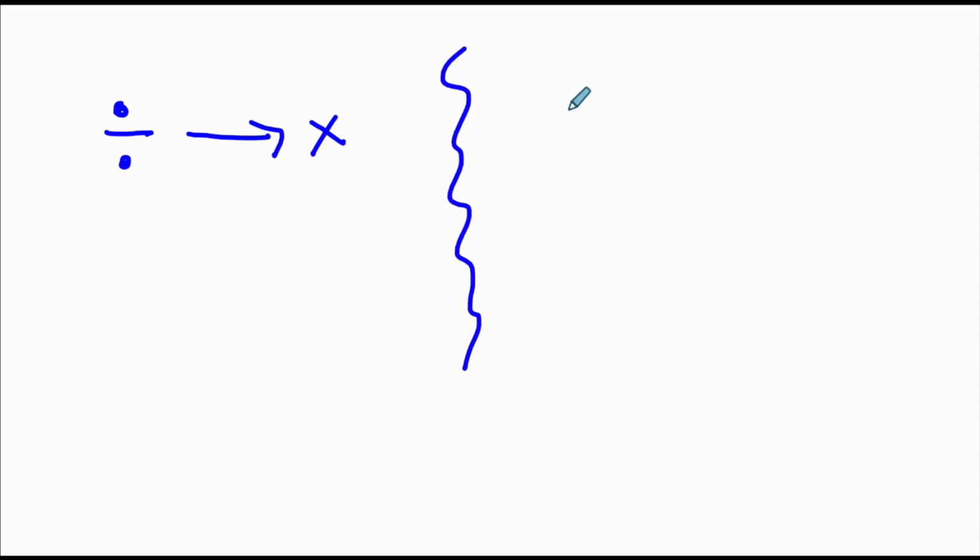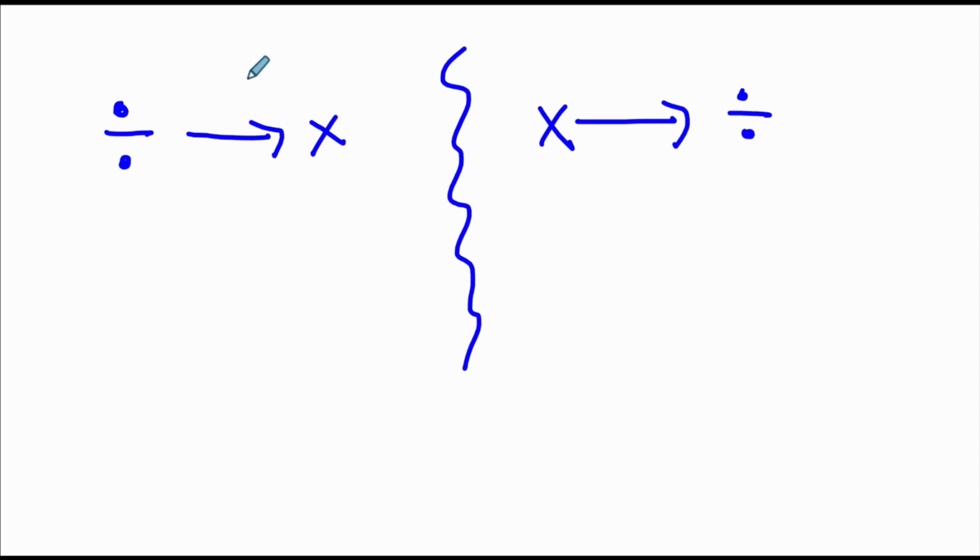So I guess the first thing to realize is if I have division, the inverse of division, in other words, what undoes division is multiplication. And on the other side, if I have multiplication, the inverse is division. Or in other words, what undoes multiplying something, if I want to undo that, I divide it.